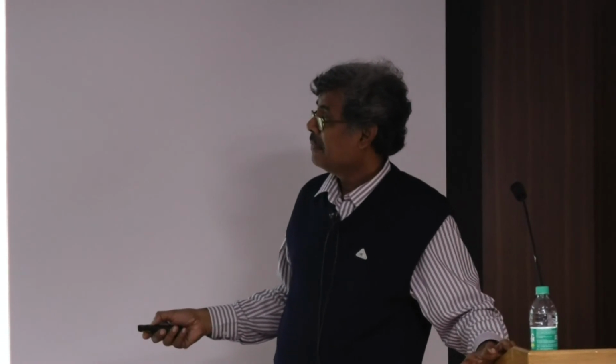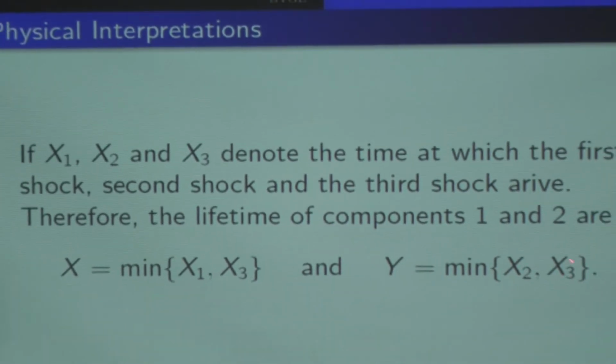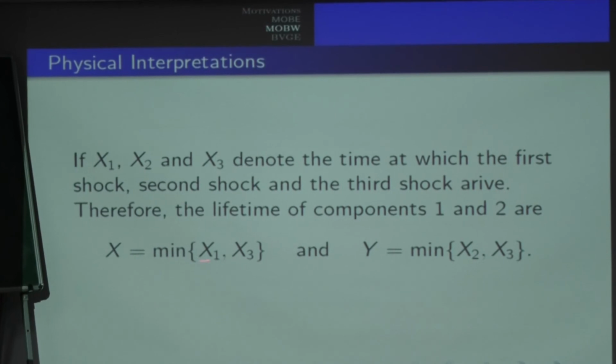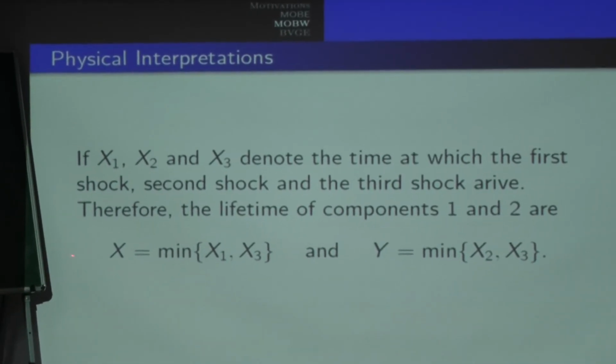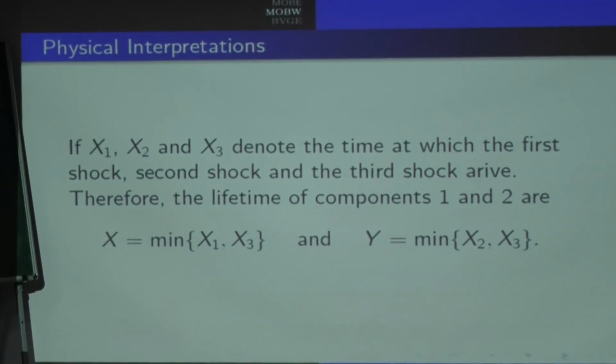Going back to the basic definition, which is the minimum of x1 and x3, and the minimum of x2 and x3, you observe only one of these. You are not observing the other one, so you treat that one as a missing value. Same thing over here: you observe one of these, and you treat the other as a missing value.